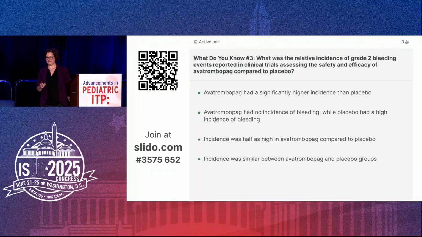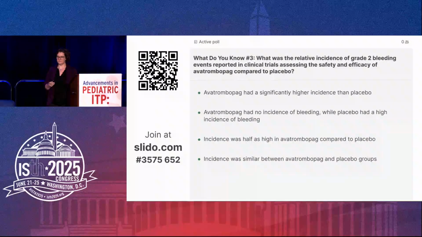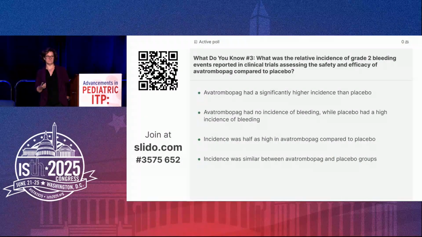And it takes a little bit of practice to say all those names, but hey, those who do oncology are used to this. All right, so what's the relative incidence of grade 2 bleeding events reported in clinical trials assessing safety and efficacy of AVA compared to placebo? I'm curious to know if people know.